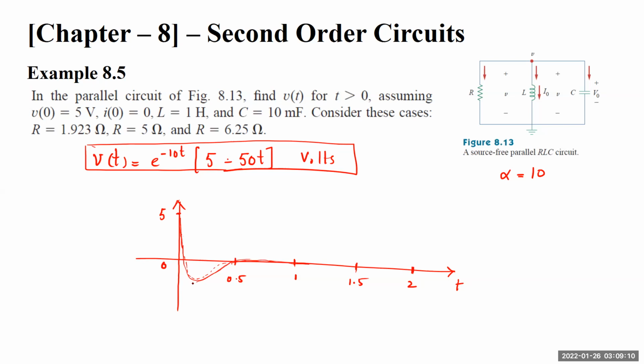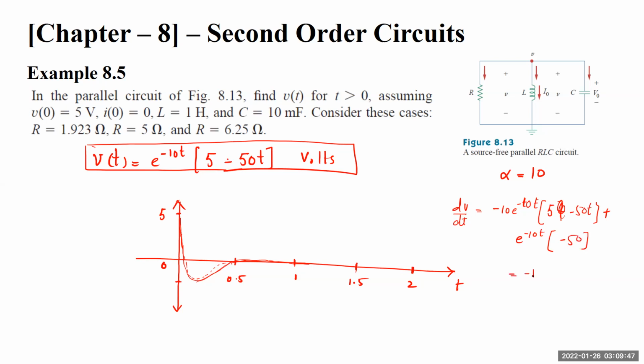Okay, and if you have to find out the minimum value for this, put dv by dt equals to 0. So you differentiate it, dv by dt. If we differentiate it, we get minus 10 e raised to power minus 10t times (5 minus 50t), plus e raised to power minus 10t times minus 50.